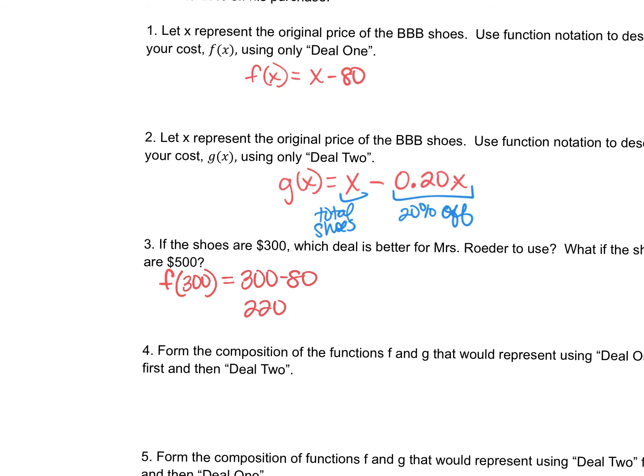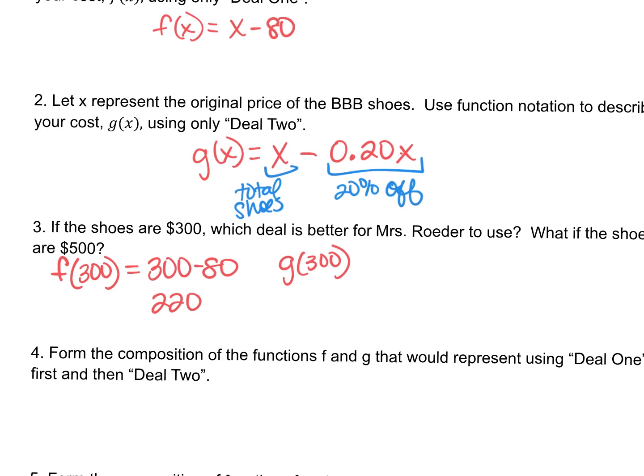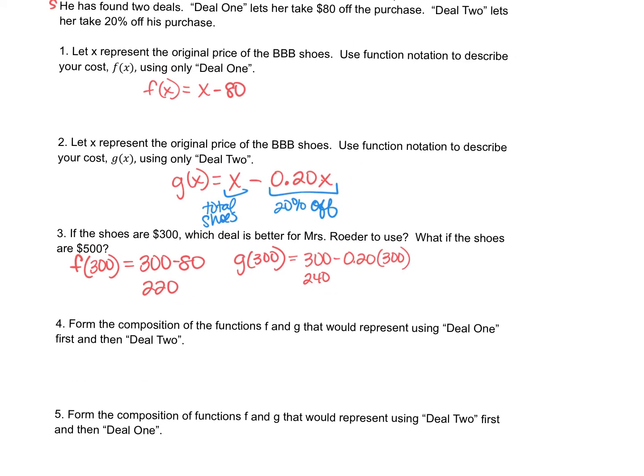Let's do G of 300. That means we're plugging in 300 for the X in G of X. So that would be 300 minus 0.20 times 300. Stick that in your calculator and you end up getting 240. So there are two of the answers. Now we have two more to go. They want you to do the exact same thing, but with 500 instead of 300.